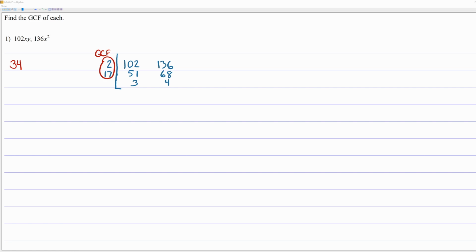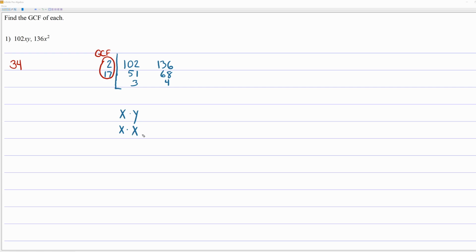Now, what about the variables? Once you get comfortable, you'll be able to do this in your head, but let's just analyze the variable portions. So our first monomial has x times y as the variable part, and the second monomial has x times x as the variable part. Well, in this case, the key is in the name GCF. What you do is look for any factors that are common.